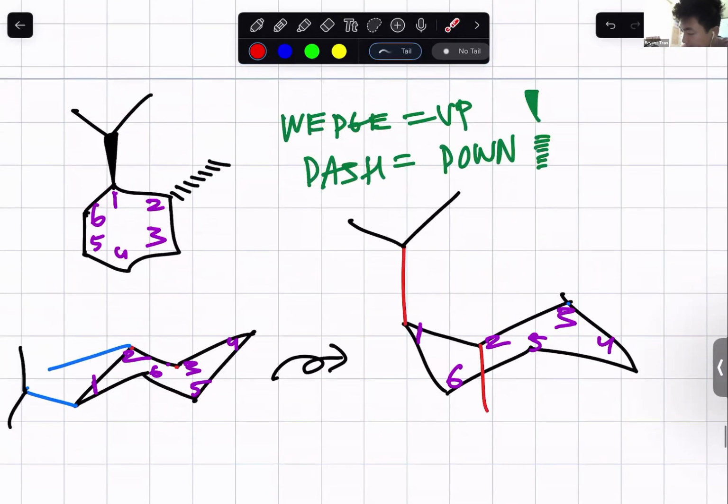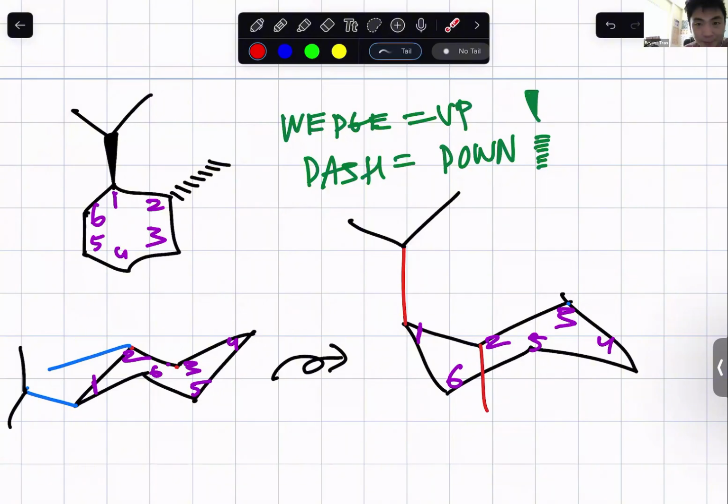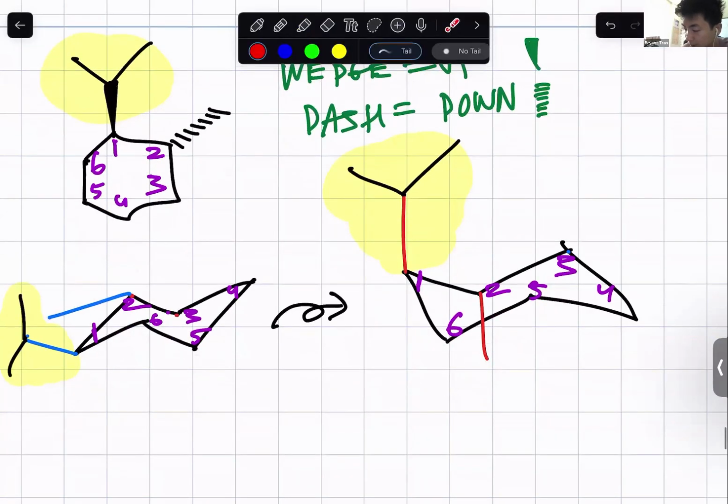Now, what is the bulkiest group here? Isopropyl or methyl? What is the bigger group? Isopropyl, right? So now I'm going to highlight the isopropyl group, because this is what we're going to be interested in when we determine the stability difference between the 2 conformations, like what's more stable, right?